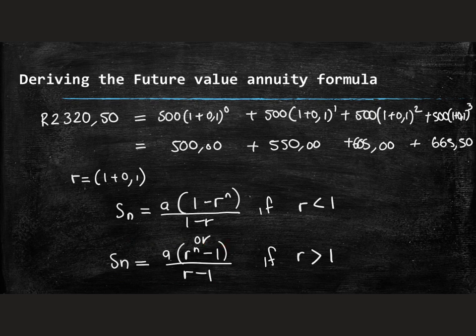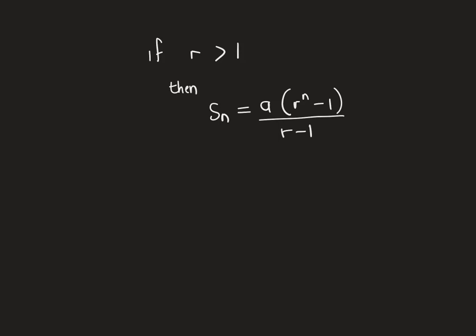That means we can do the following. Since the ratio is greater than 1, we know we've got a geometric sum formula. We know that the amount we're going to invest is equal to A, and we know that our ratio is equal to 1 plus the interest rate.